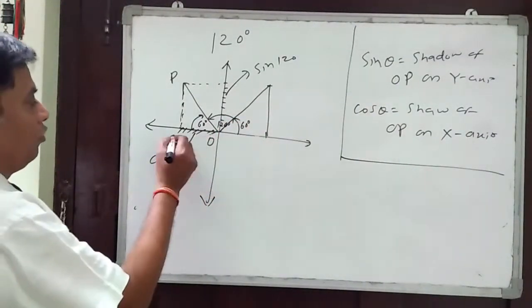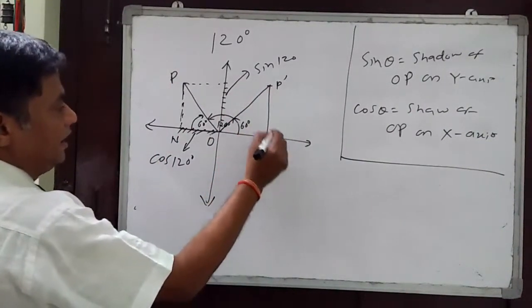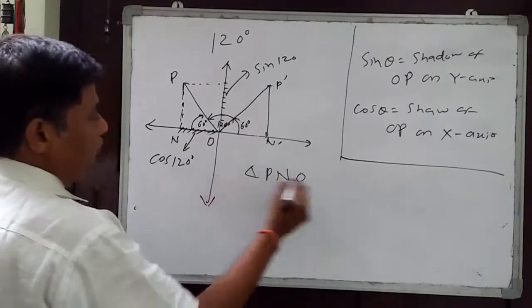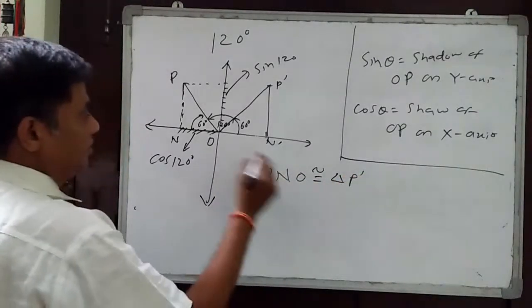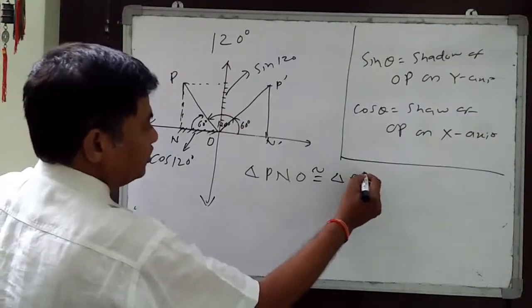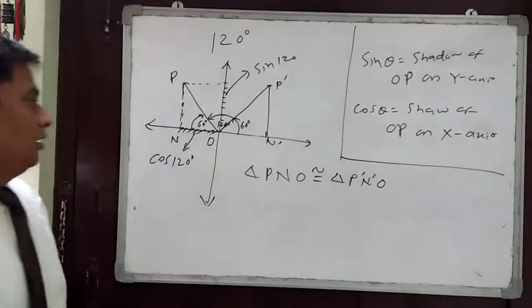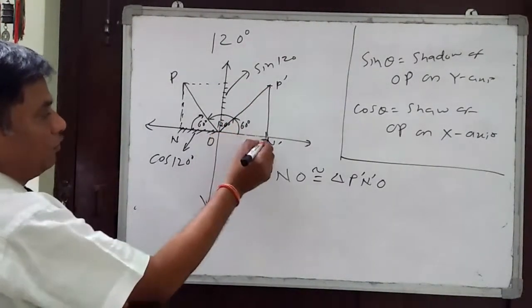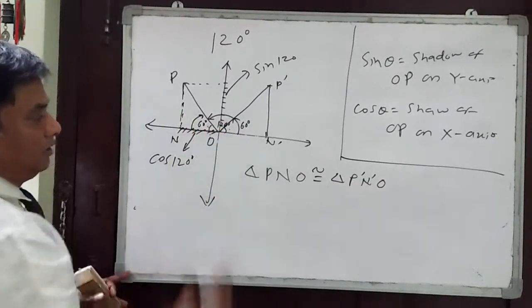If it is PON, we will consider this triangle as P dash and N dash. And triangle PNO is congruent with triangle P dash N dash and O. O is common in both the triangles. Now this angle, that is angle P dash ON, both the triangles are congruent triangles, so these two angles will be equal.